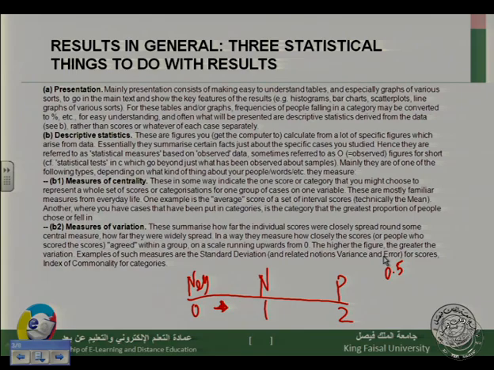The results would be, well, most, notice, most, not all, most of my participants have somehow or some kind of negative and neutral attitudes towards English. Why? Because most of them have fallen between the categories of negative and neutral.